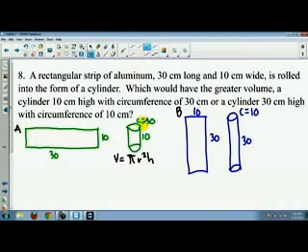The circumference is given, but not the radius, but we know that C is equal to 2 pi r, or pi d, alright? Therefore, to find r, we divide the circumference by 2 pi.